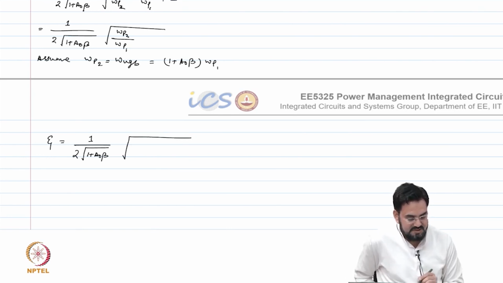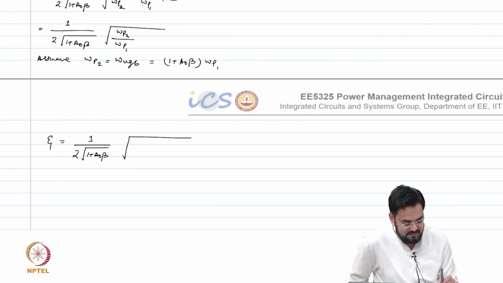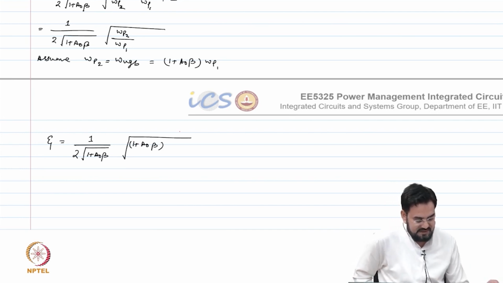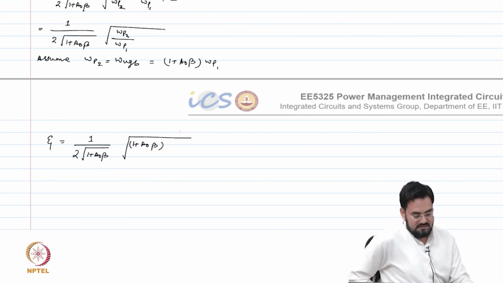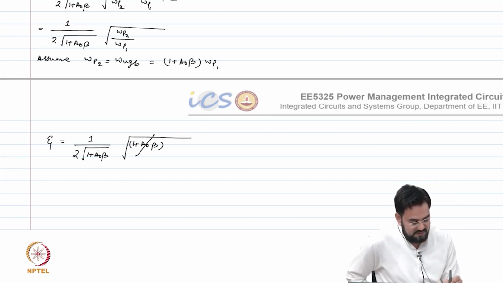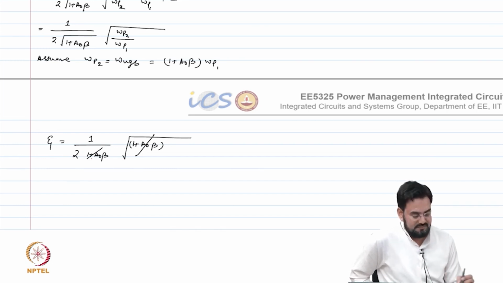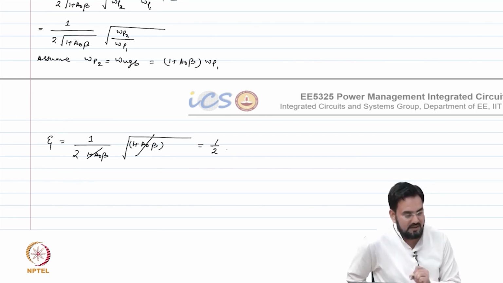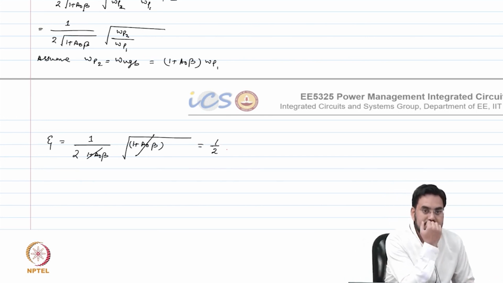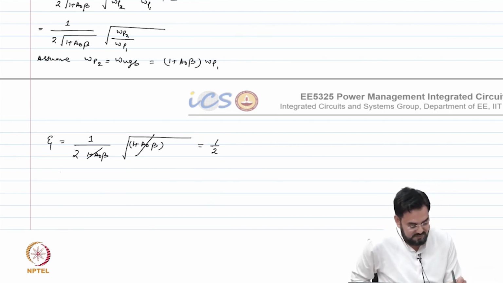So, omega p2 is at UGB, and your UGB is nothing but 1 plus a naught beta, omega p1 will cancel out. Okay. So, this will go away. Okay. So, your zeta is half, which is 0.5. So, zeta equal to 0.5.